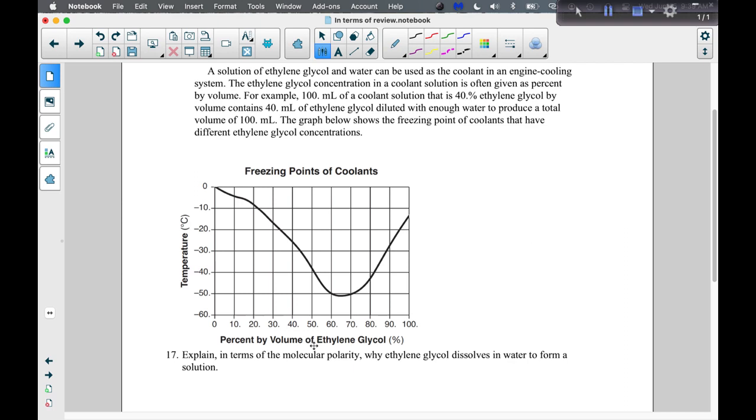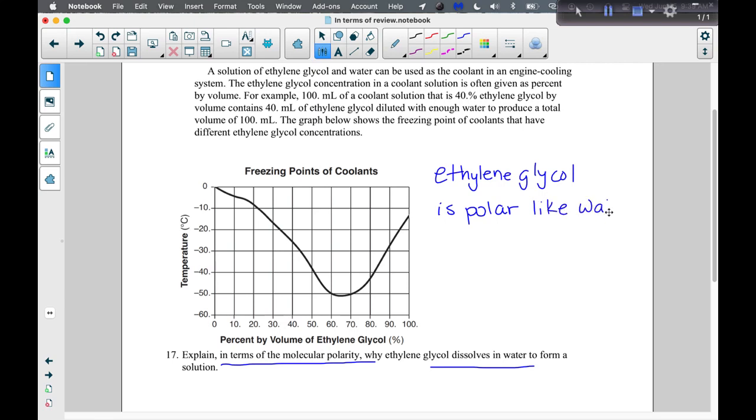Here's another one that says, in terms of molecular polarity, why something dissolves in water. You might notice that this has repeated a few times. In terms of molecular polarity, if something dissolves, it is because it is polar, which is like water, which is why it would dissolve.